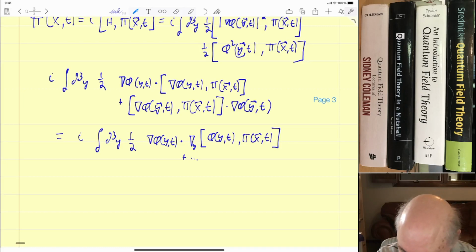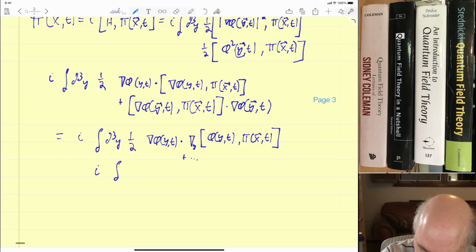Now I can evaluate this because I've taken the gradient out of here. Now just do an integration by parts, you know, the integral u dv.